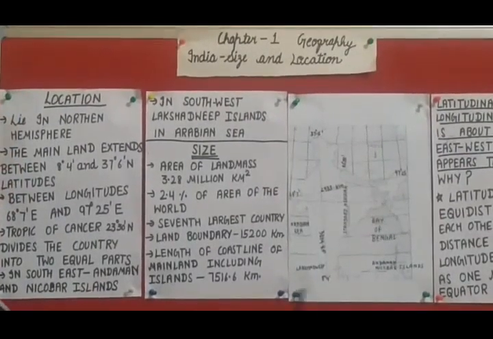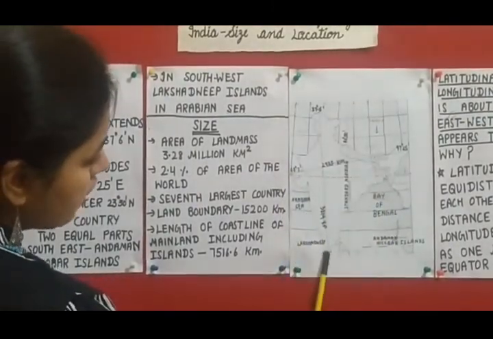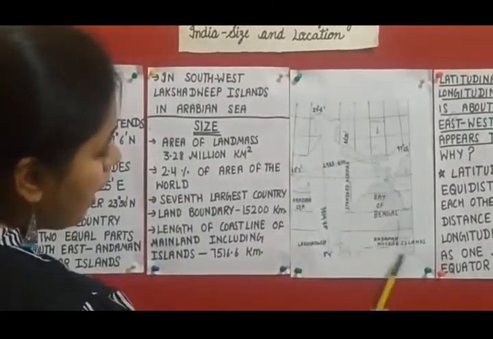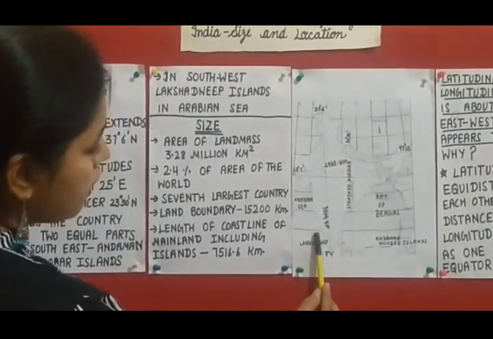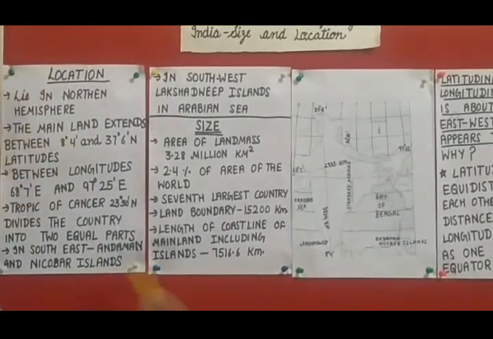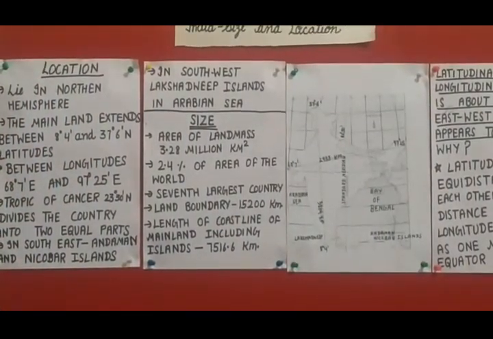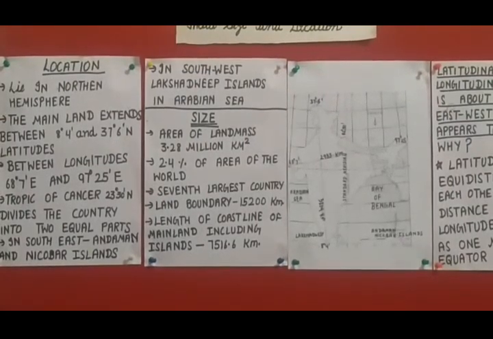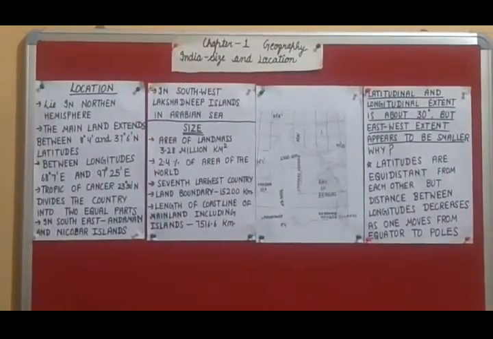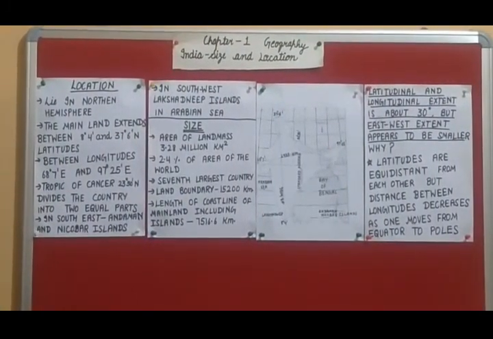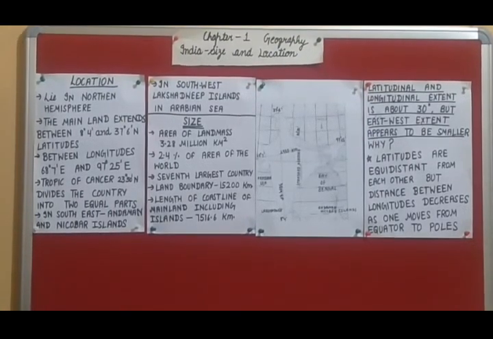So what is the meaning of coastline? All this coastline starts from Gujarat like this, and it also covers the Andaman Nicobar Islands and the Lakshadweep Island. So this total coastline is about 7,516.6 kilometer. I hope now all of you are well aware about the location and size of your country, and also why the latitudinal and longitudinal extent differ.